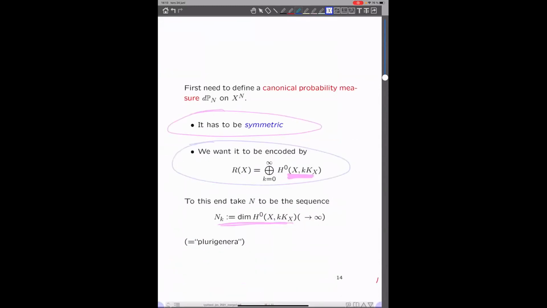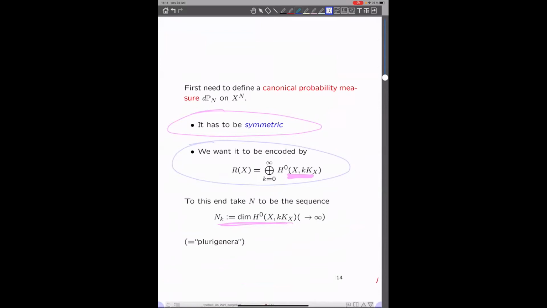Okay, so to choose configurations of endpoints at random, what I need to do is define a canonical probability measure, dP_N, on the N-fold product. It has to be symmetric because I just want to choose configurations of points without taking order into account. And as I said, we want it to be encoded by the canonical ring.